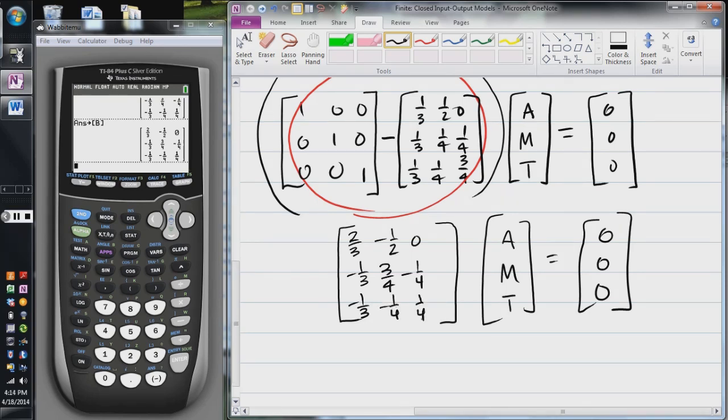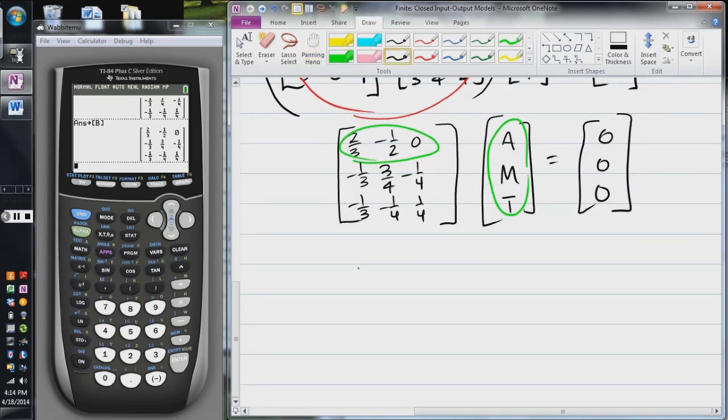And if we do a little bit of matrix multiplication here, what I get is the system 2/3 A minus 1/2 M plus 0T equals 0.